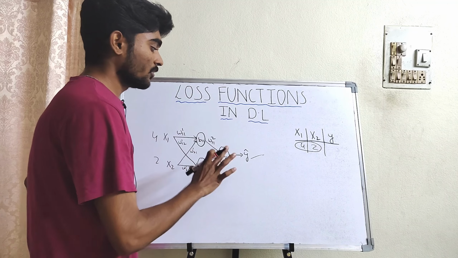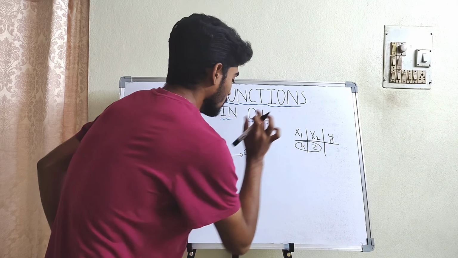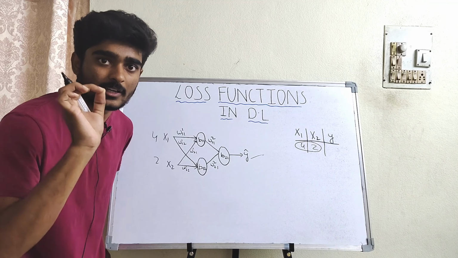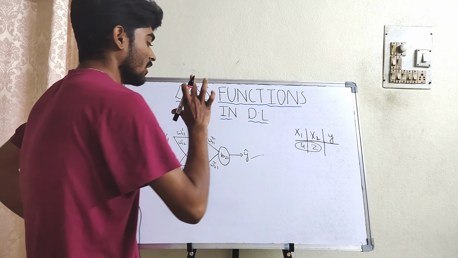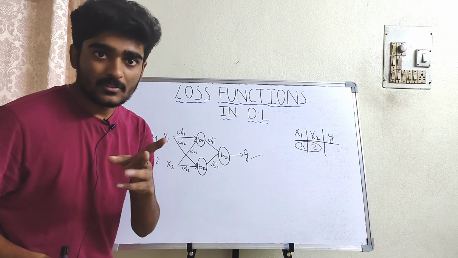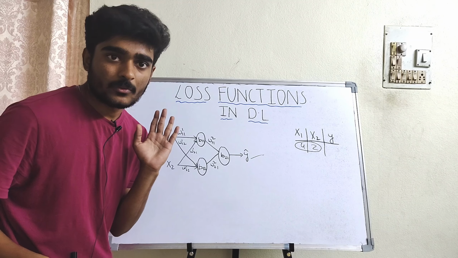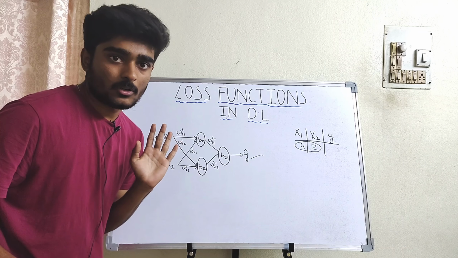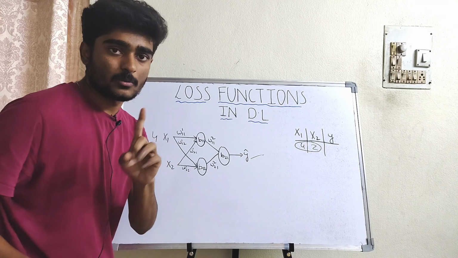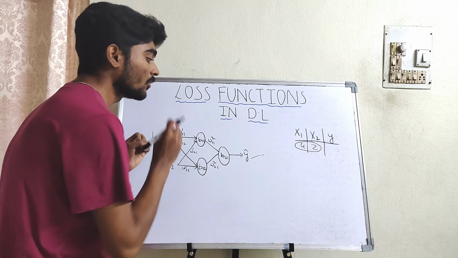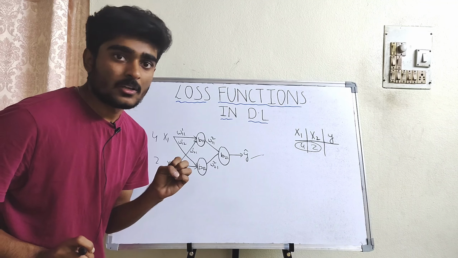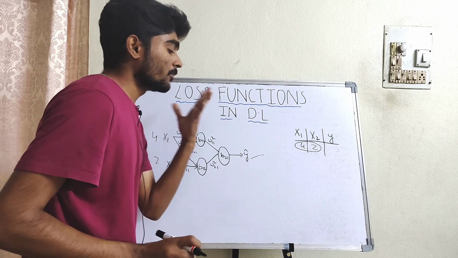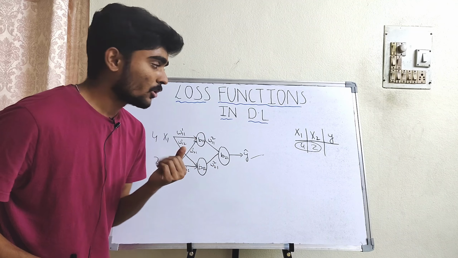Your aim is to improve the performance of the model, and if you know how much error your model has made, then you can improve its performance.